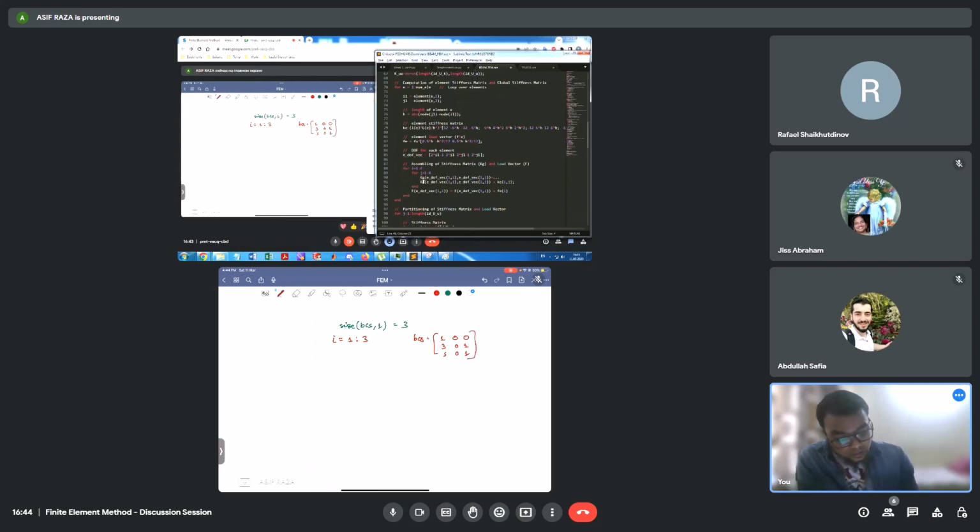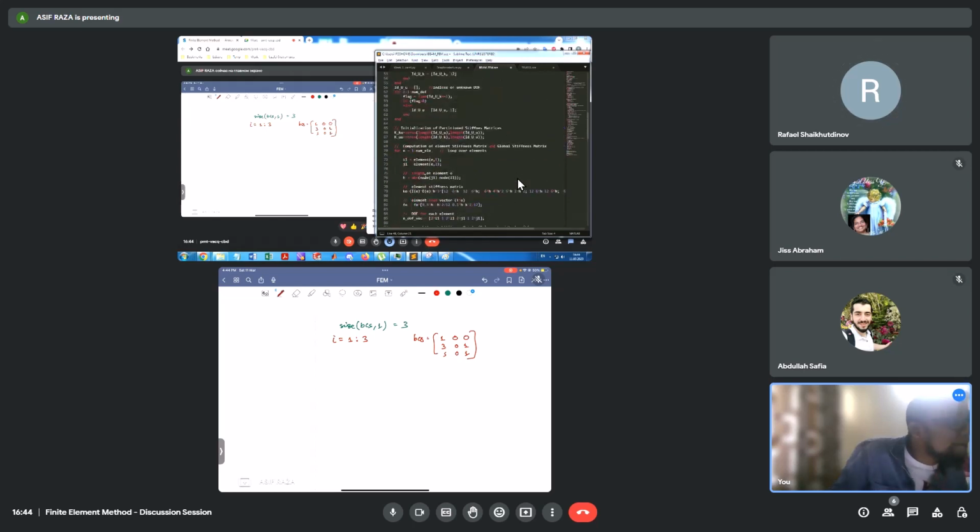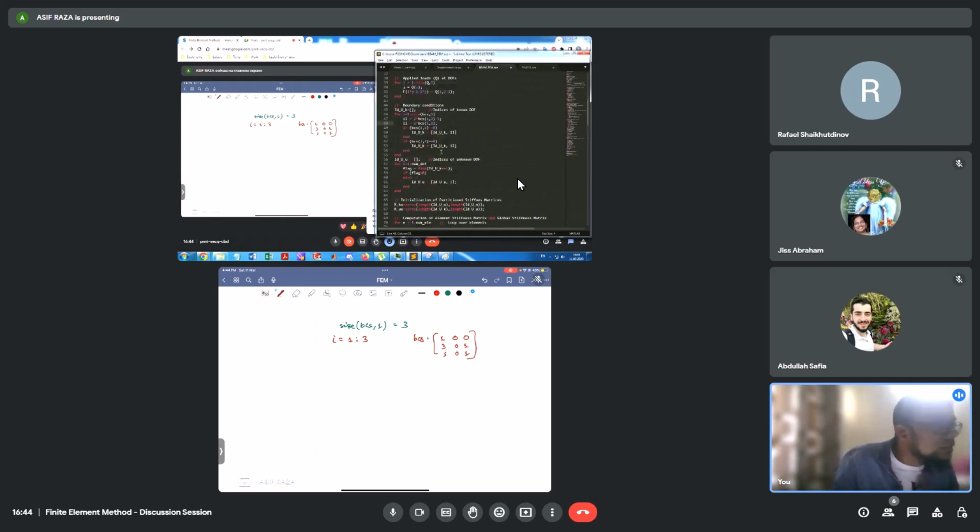Now line number 46 we are doing, right. So I runs from 1 to 3. So for I equal to 1, our I1 will be 2 times boundary conditions of 1 comma 1 minus 1.